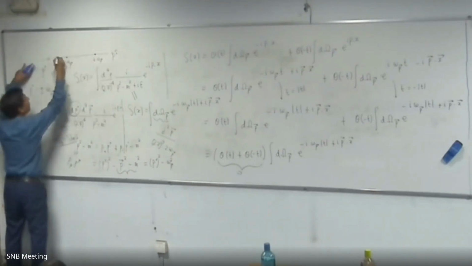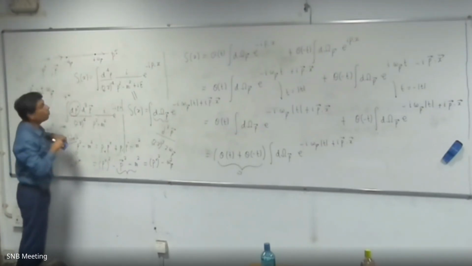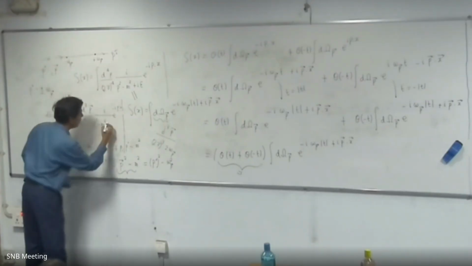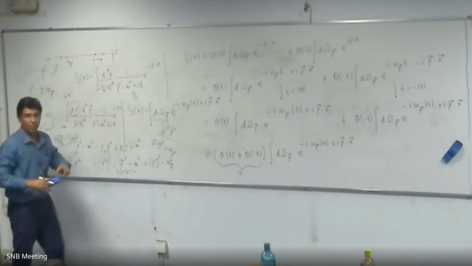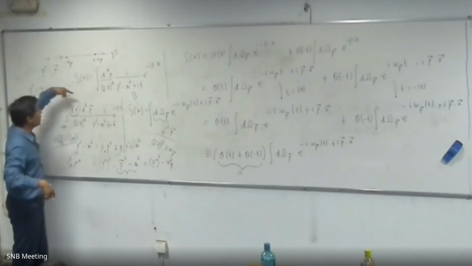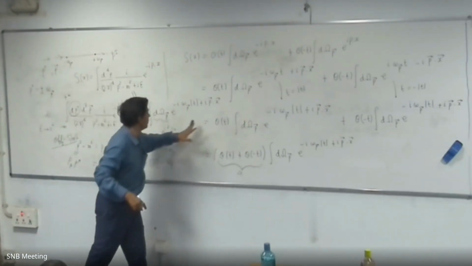So when you come from this side, you will face the poles. So what you do, you want to shift the poles to the right. That is why you put a plus epsilon with epsilon going to 0 from the positive side. That will put the poles in a precise way so that this integral will contribute in a way that it will give you this answer.